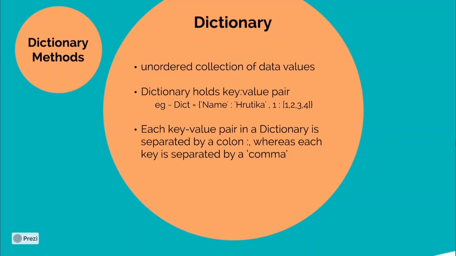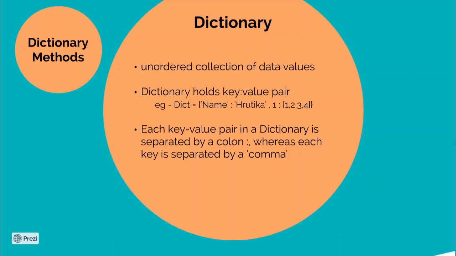An item has a key and a corresponding value that is expressed as pair. While the values can be of any data type and can repeat, keys must be of immutable type, that is string, number or tuple with immutable elements, and must be unique.